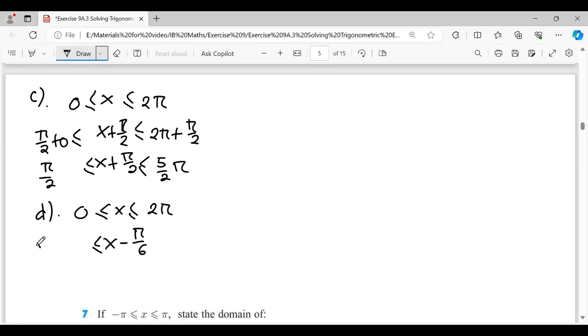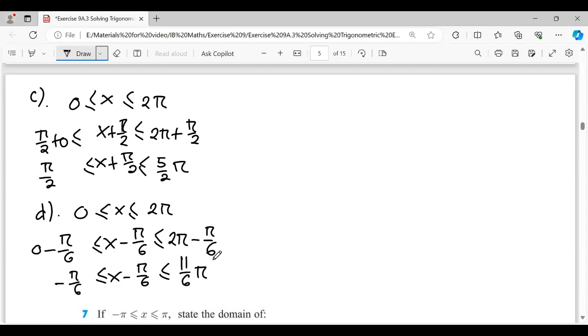It means 0 minus pi over 6, pi minus pi over 6. X minus pi over 6 is greater than or equal to negative pi over 6, less than or equal to 6 times 2, 12, yeah, 11. Okay. 2 times 6 equals 12 minus 1, 11.